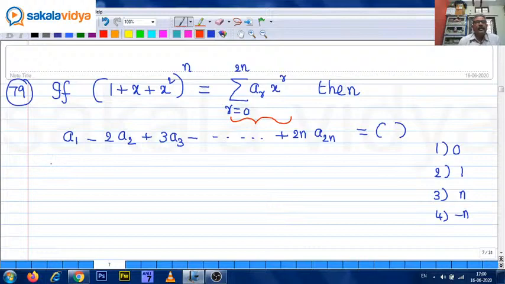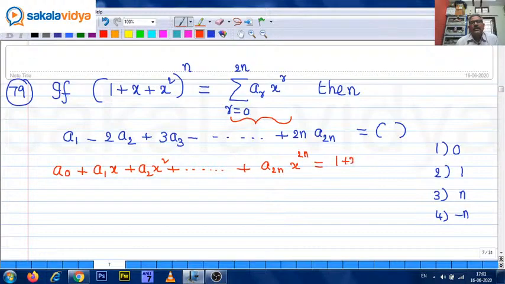So we can write like this: a naught x to the power of 0 is 1, plus a1 x plus a2 x square plus so on, plus a2n x to the power of 2n is equal to 1 plus x square whole to the power of n.